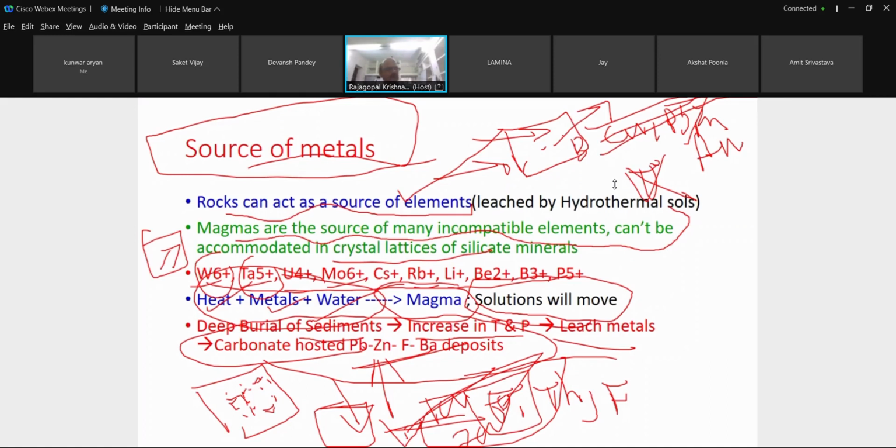How many of you have seen thick sedimentary rocks? Lavina, have you seen thick sedimentary rocks? Is Lavina there in the class or not?